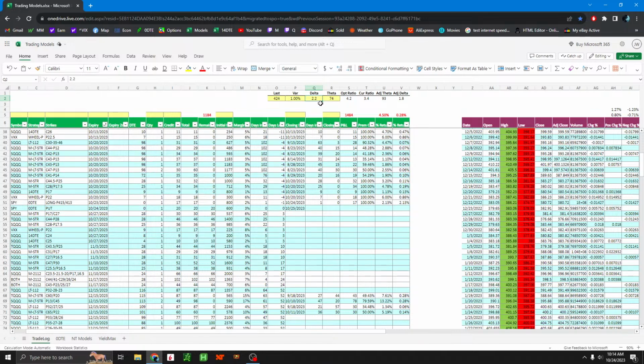If the delta brings you down $100, the theta should theoretically push you up $100. So on that day, even though the market's down 1%, you should be at 0.